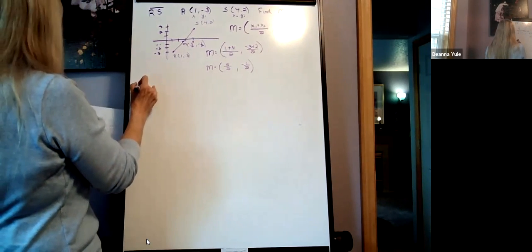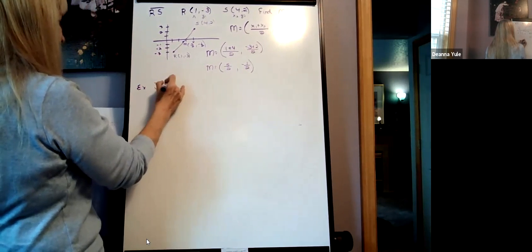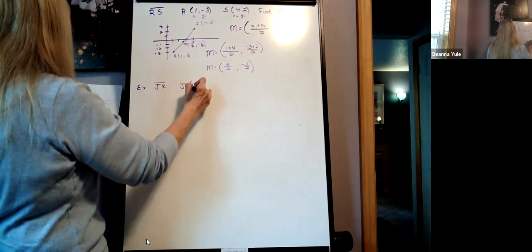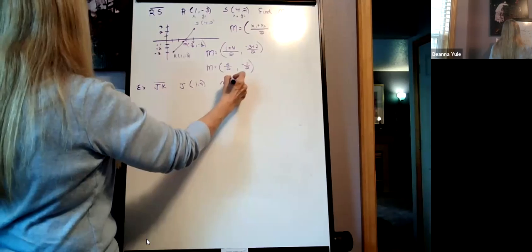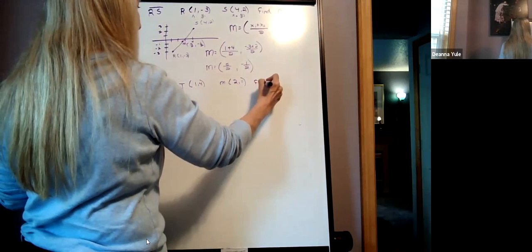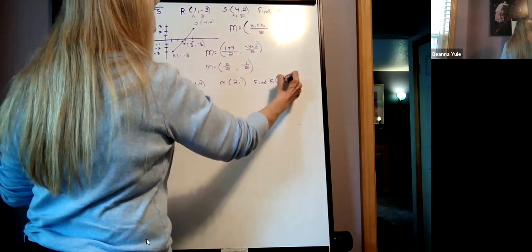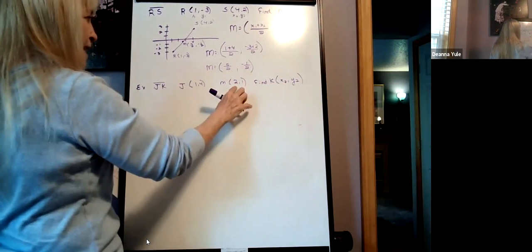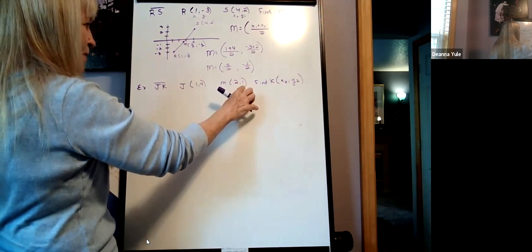For the next example, if I have line segment JK, and J is going to be the point 1, 4, and the midpoint is going to be 2, 1. They want me to find K. So they are asking me to find x2, y2. So I know that this is the x value of my midpoint, this is the y value.